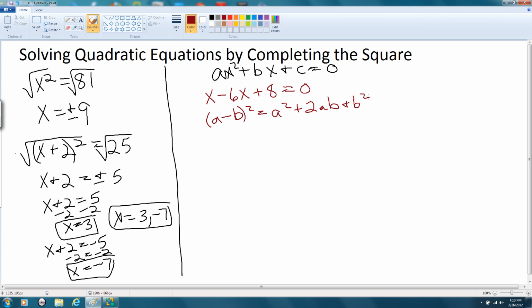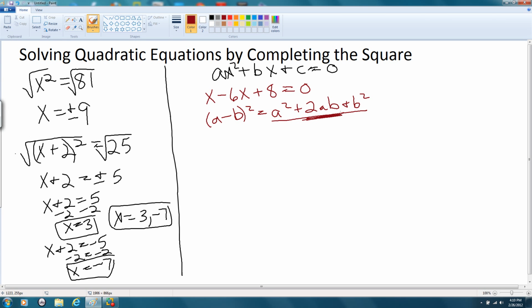Well, I want to get it into something like that, because then when I took the square root of it, it would just simply be a minus b. So I'm going to get this into this form, so I have a middle term like this 2ab here. Okay? And so this is how I'm going to do that.